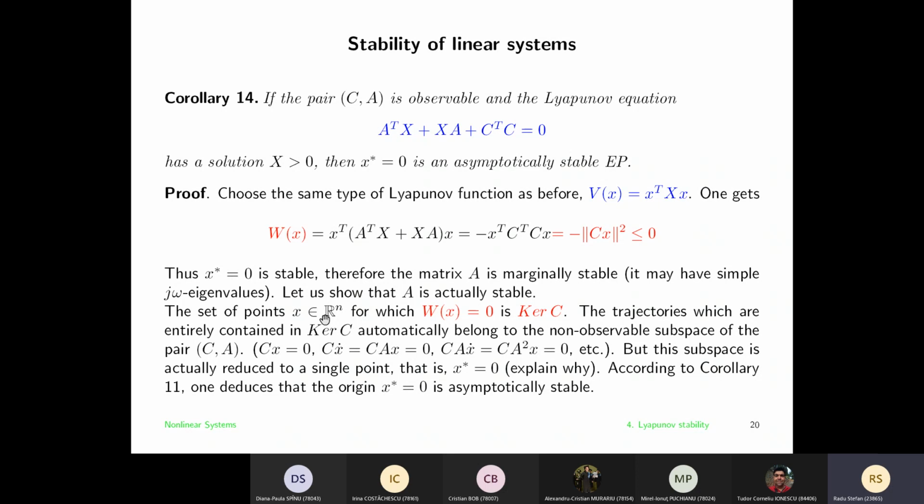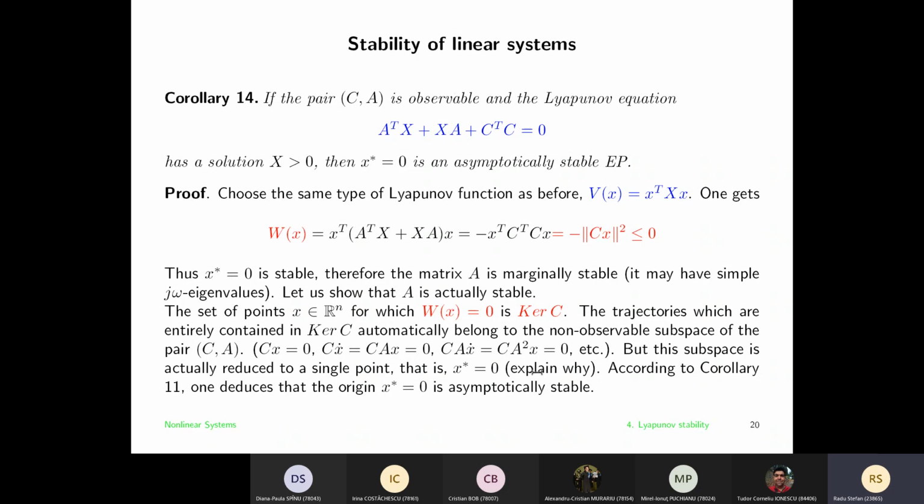So once you are in the kernel of C, then you have all these equalities equal to 0. But we assume that the pair is observable, and for observable pairs, the non-observable subspace reduces just to the origin. We have just one point which belongs to this space. So under these circumstances, because of the observability, we have just a trivial solution.